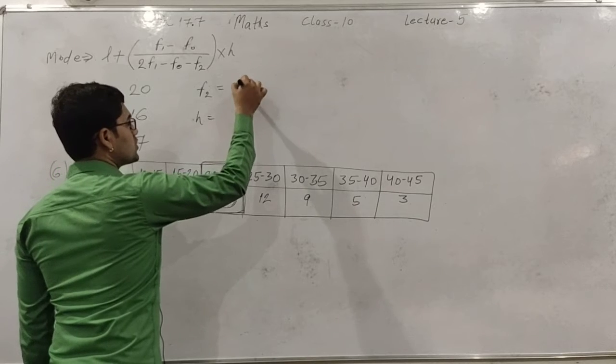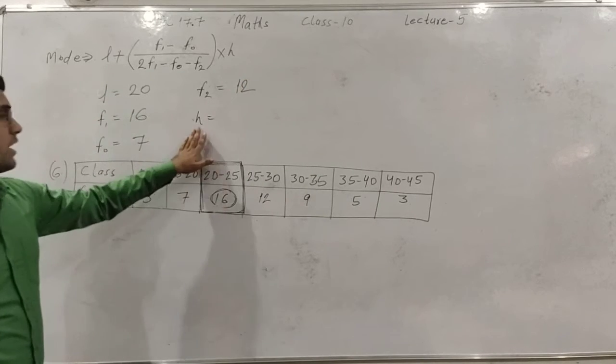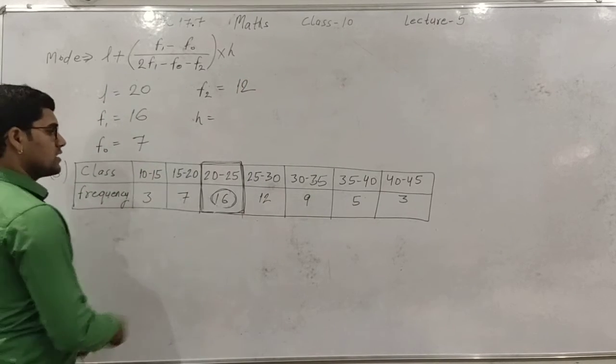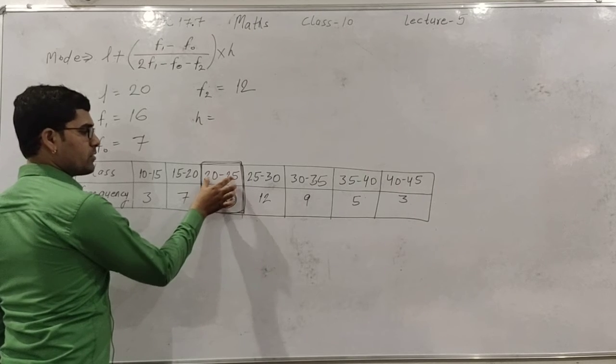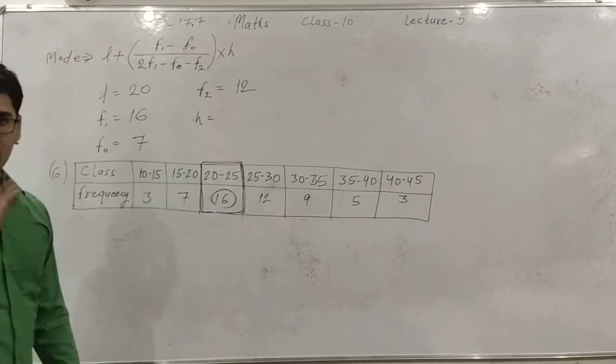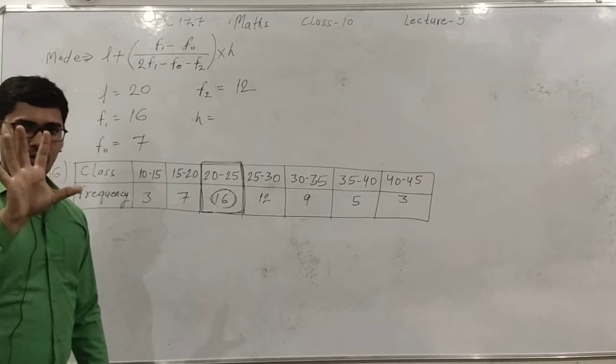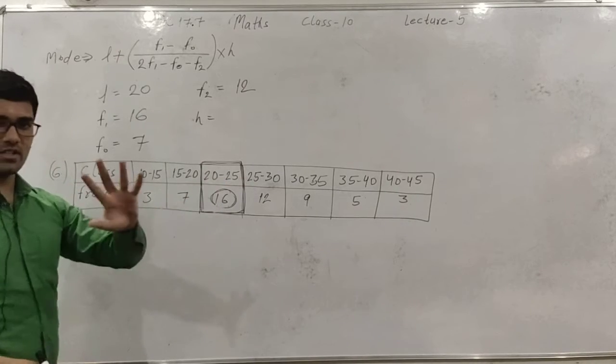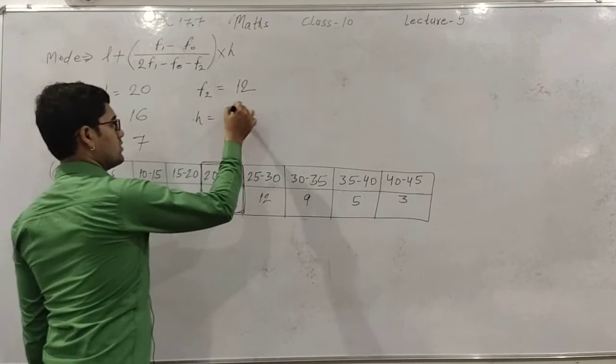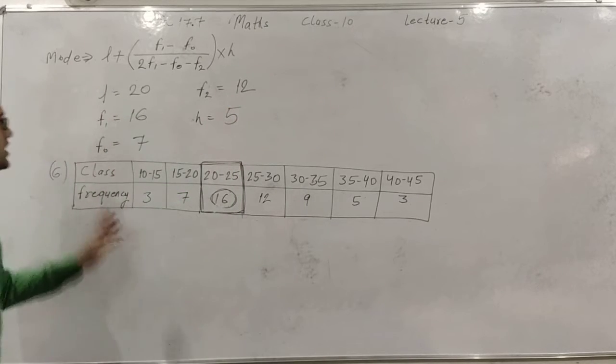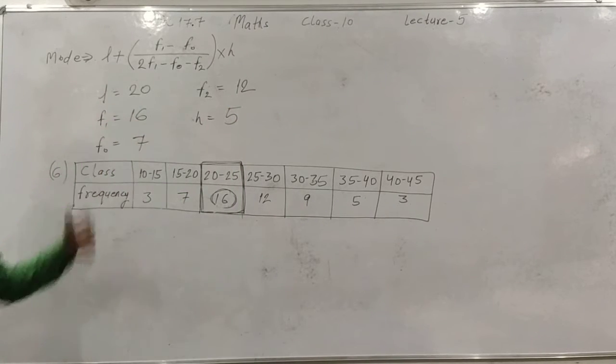F2 is 12. Now H, what is H? What is the gap between them? 20 to 25. There is a difference of 5. So H is 5. These are all the values, the way we will find them.